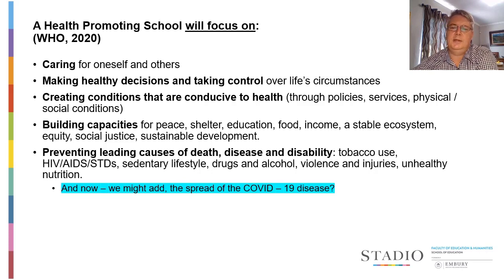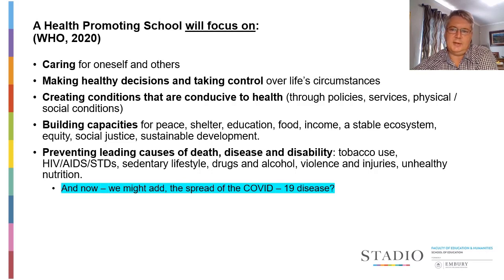So possibly the COVID-19 procedures will be written into school health policies, and the Department of Education will generate different policies for schools to comply with, the services that we provide them, and ultimately the physical and social conditions at the school that need to be generally healthy.